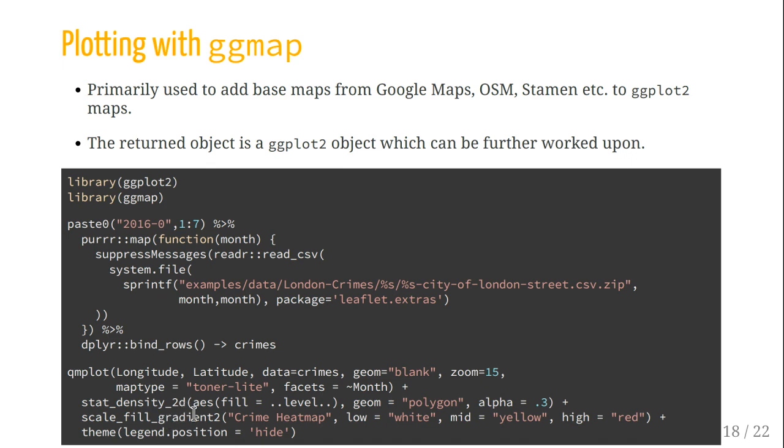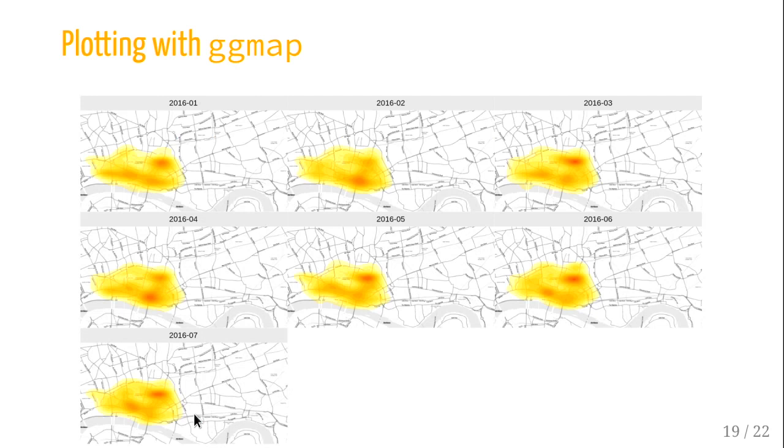The good advantage of ggmap, as I said, is that it's ggplot2 compatible. So once you have something coming out of a ggmap object, you can put in all your regular ggplot2 stuff in there and customize it even more. And this is a faceted heat map. Again, with very few lines of code, you see how the crime changed in London from January to July.